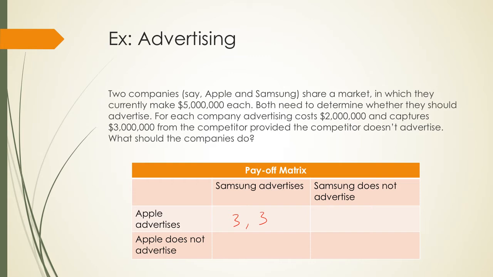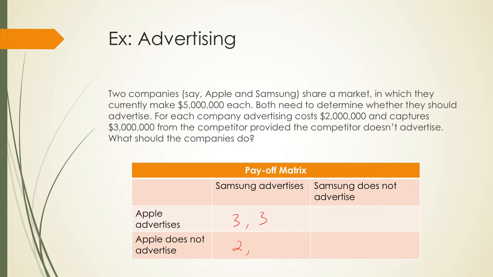Here, the first three represents the payoff for Apple, and the second three represents the payoff for Samsung. Now suppose Apple doesn't advertise and Samsung does. Then Apple loses $3 million of its market share, resulting in a payoff of only $2 million. On the other hand, Samsung gains $3 million in market share, so it takes in $8 million.